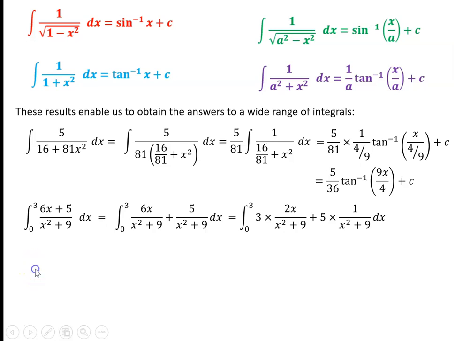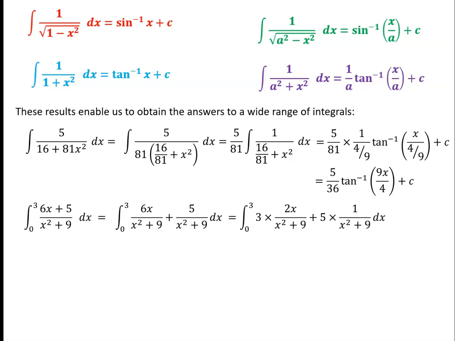Now 6x over x squared plus 9 is very similar to some of the integrals that you will have met in Unit 3 of your mathematics, where the top is almost the derivative of the bottom.